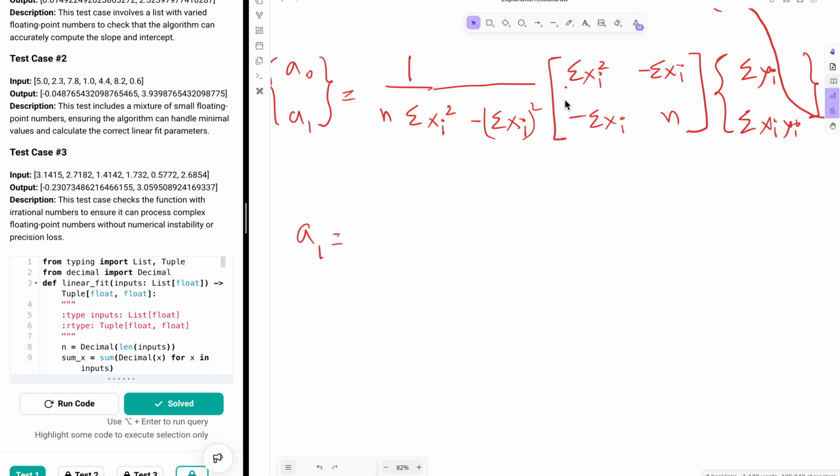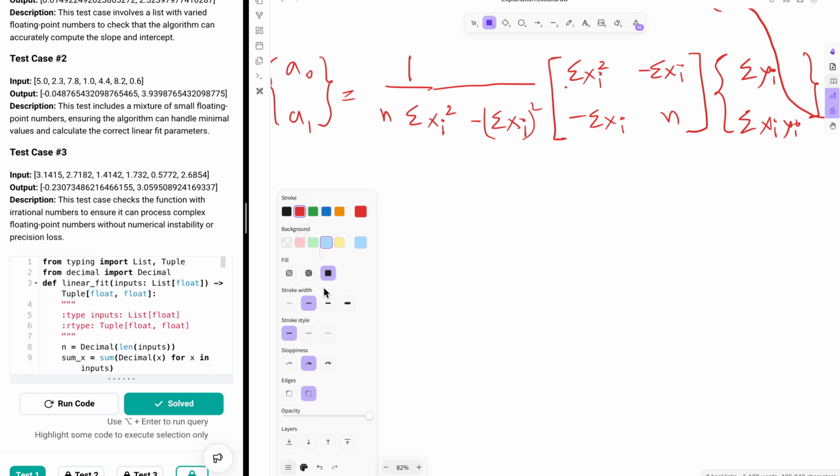We take the product of this row with these columns, so we are multiplying these row values with these column values to get the value of a1.